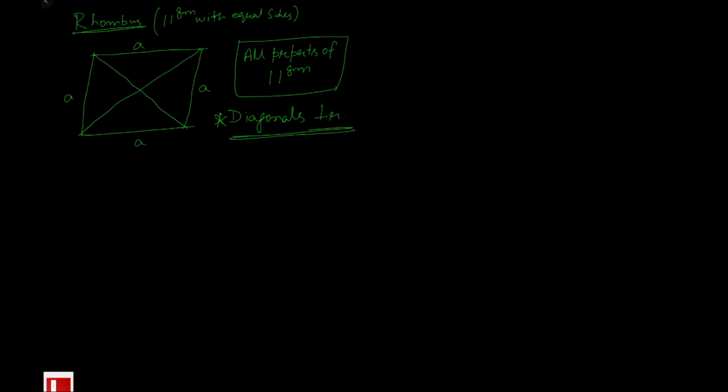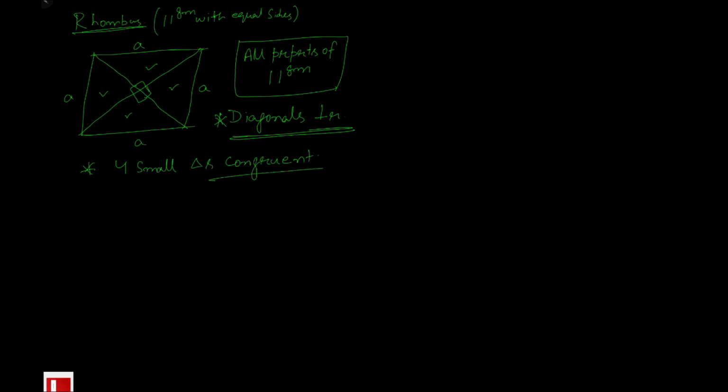Okay. Now, what happens when the diagonals become perpendicular? The first thing that you can notice is that all these four small triangles become congruent. What happened in the parallelogram and rectangle?